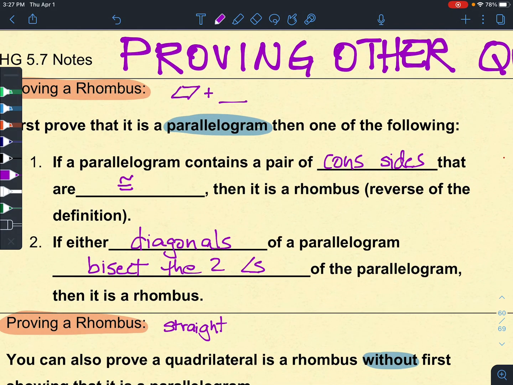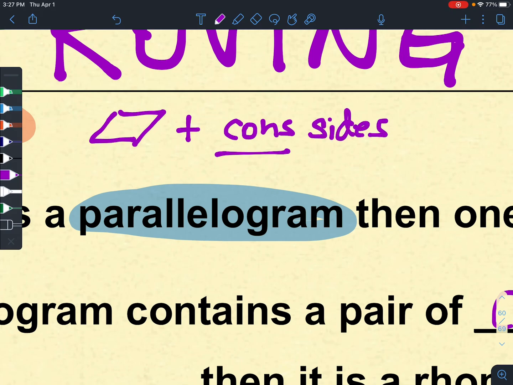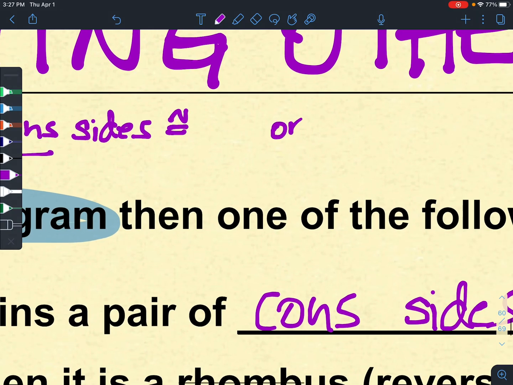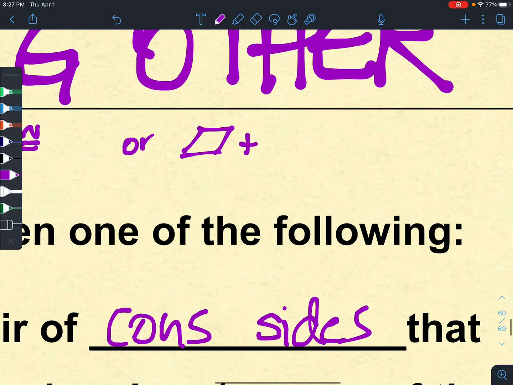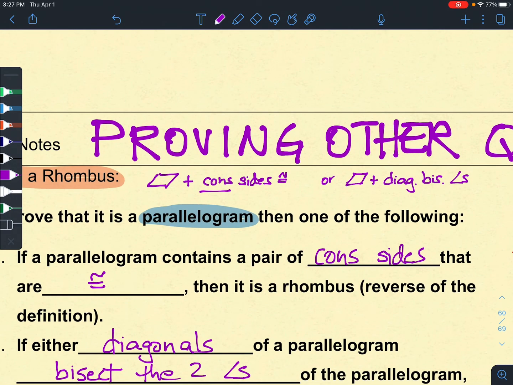All right? So we have parallelogram plus consecutive sides congruent, or we have parallelogram plus diagonals bisecting angles. Okay? All right.